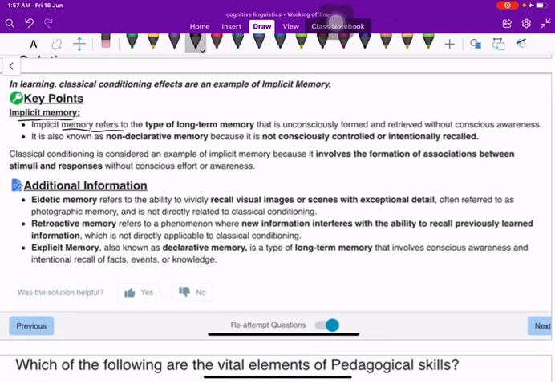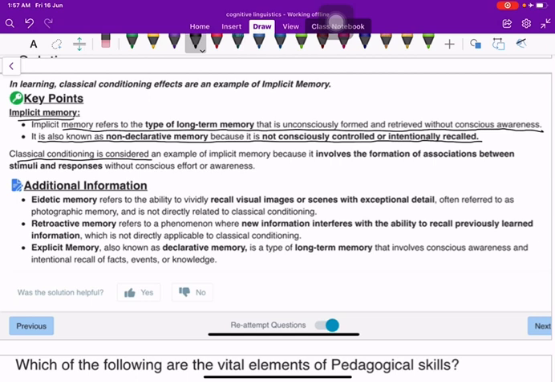Implicit memory refers to the type of long-term memory that is unconsciously formed and retrieved without conscious awareness. It is also known as non-declarative memory because it is not consciously controlled or intentionally recalled. Classical conditioning is considered an example of implicit memory because it involves the formation of associations between stimuli and responses without conscious effort or awareness.